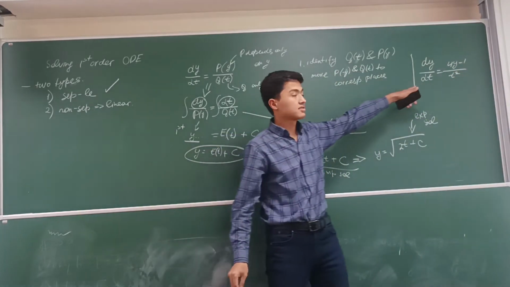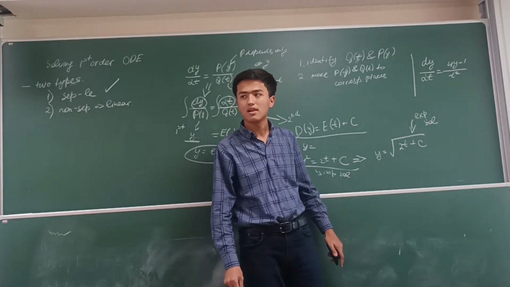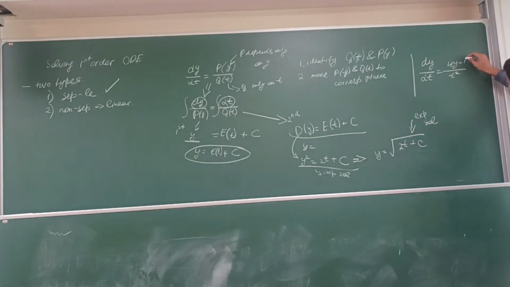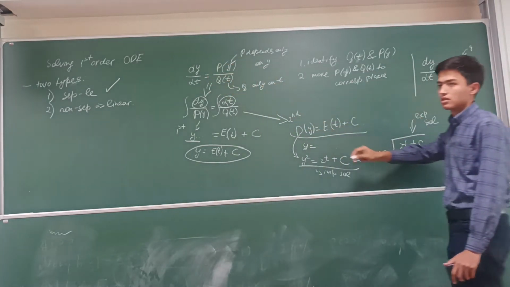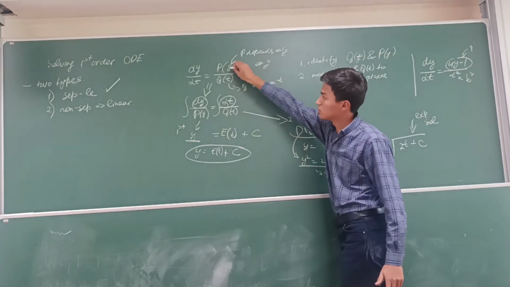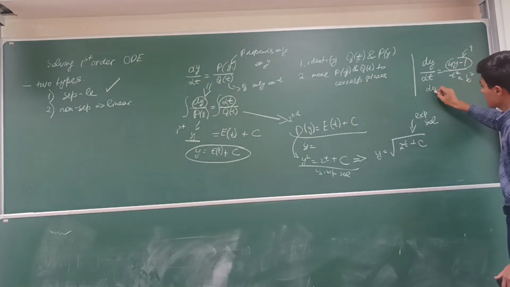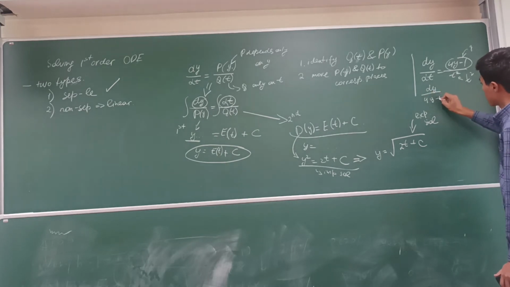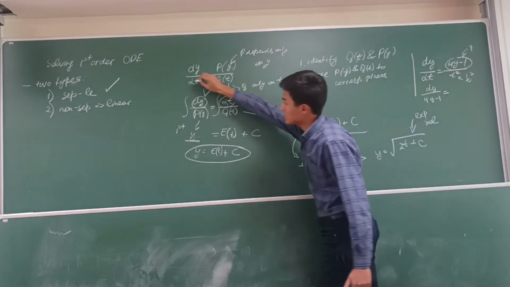Is it separable or not? Yes. Why? Because this function depends only on y and this only on t. So what's the format? You have to move this P(y) to below dy, so dy over 4y minus 1, and then there is dt, you have to move this dt to here.